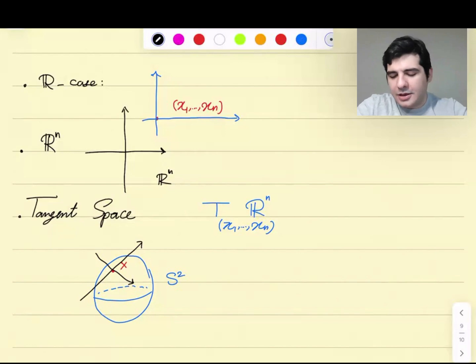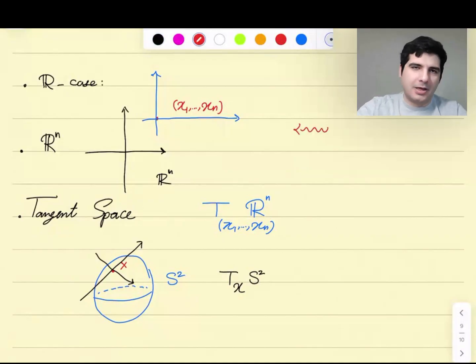This is denoted by the tangent space of S^2 at the given point x. Now, in our case, we are considering only flat spaces. So it's another space tangent to R^n, centered at this other point x. Because it's flat, it looks as though this space is within R^n itself, but it's just another copy of it.